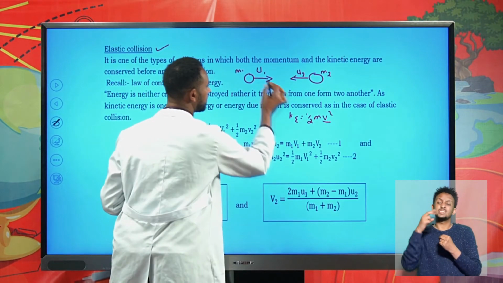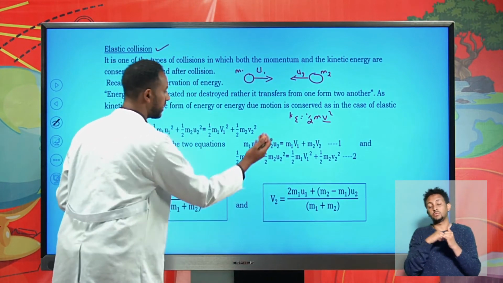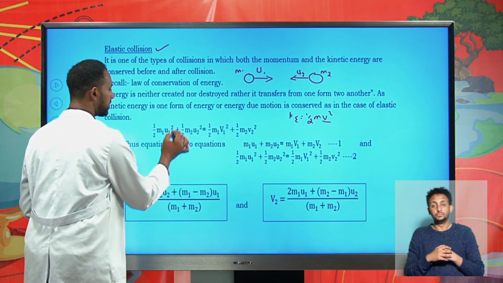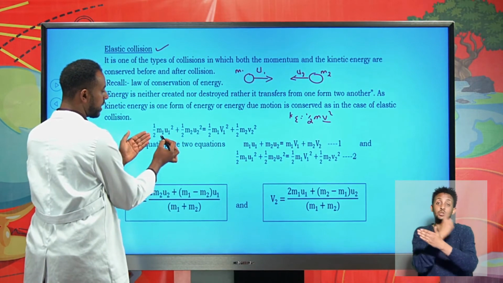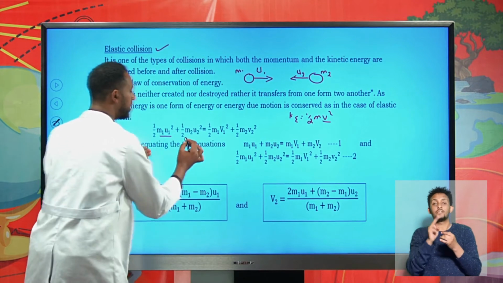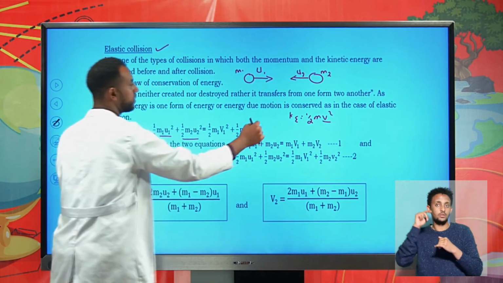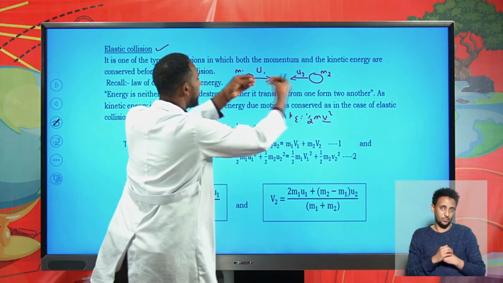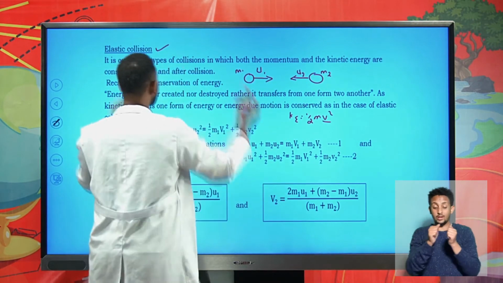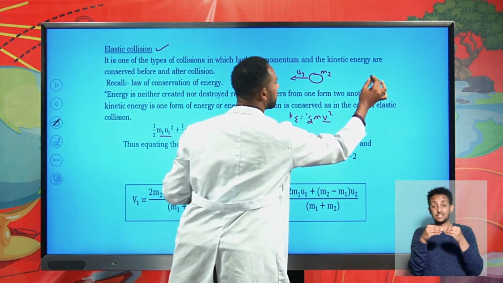If the velocity is initial, you use u; if it is final, you use v. So this is the kinetic energy 1/2 m1 u1 squared, the initial kinetic energy of particle 1. 1/2 m2 u2 squared is the initial kinetic energy of mass 2. After they collide, and if the collision is elastic, those particles keep moving.